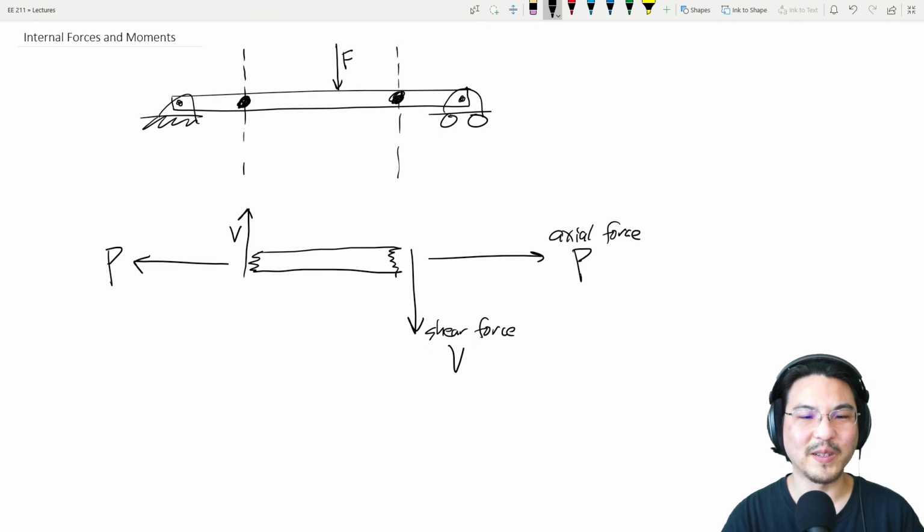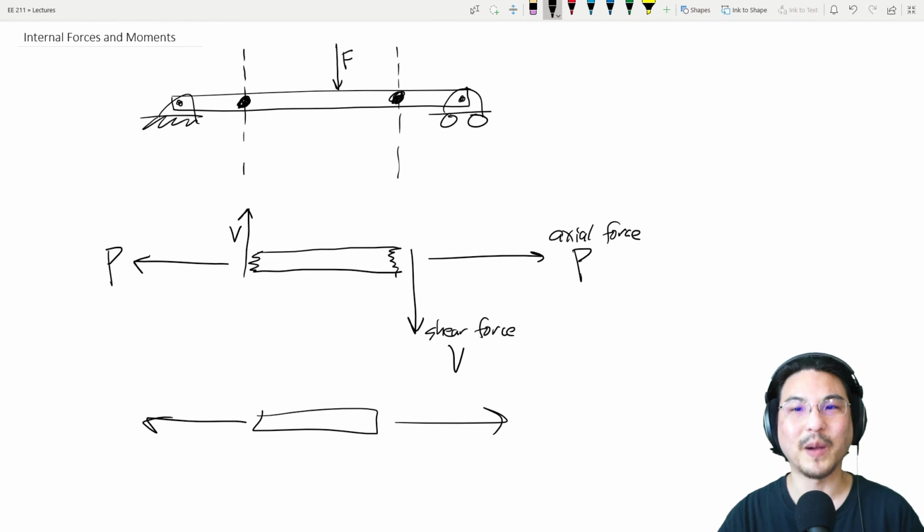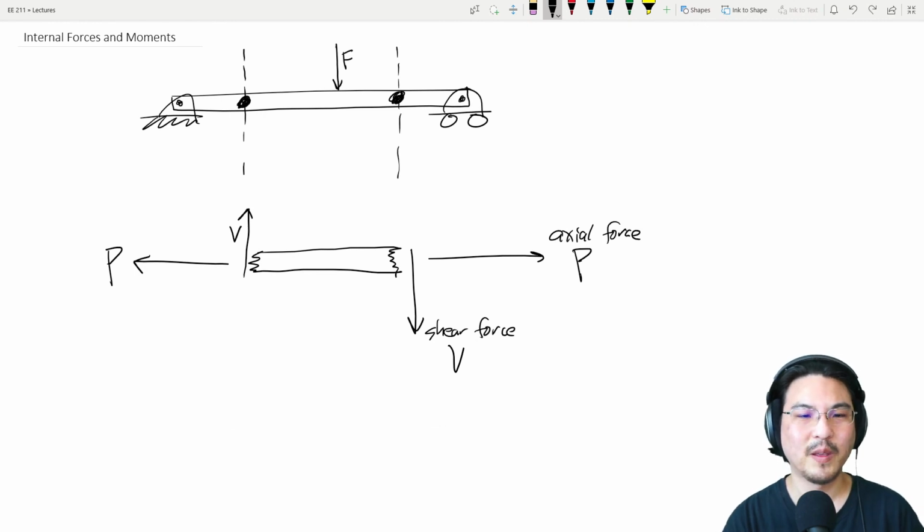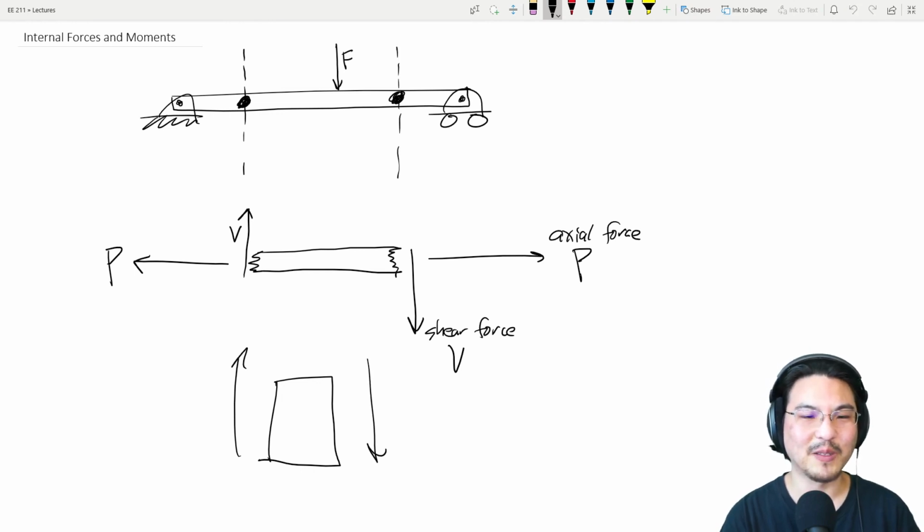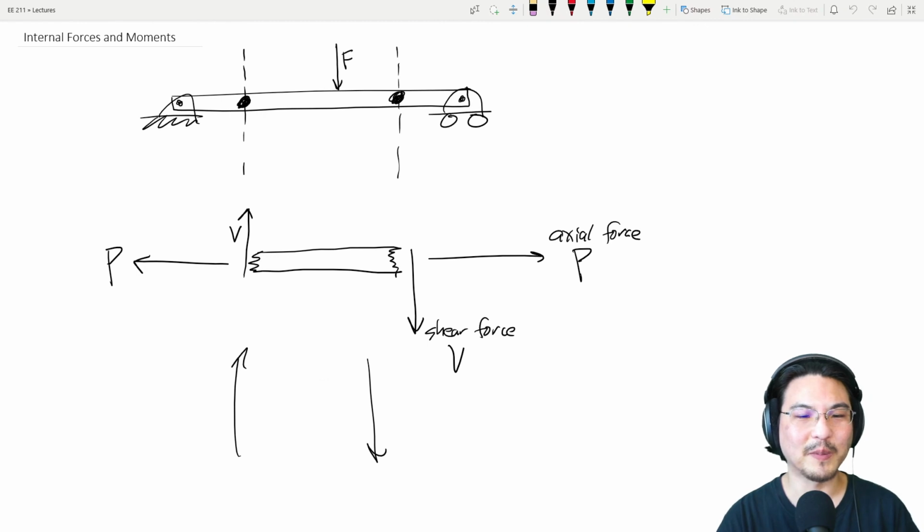At this point, imagine you have a beam and you stretch it in tension. That would be called positive axial force. Imagine you glue four popsicle sticks together like this, and then with your left hand, you apply a force upwards, and with your right hand, you apply a force downwards. What would happen to your square of popsicle sticks?